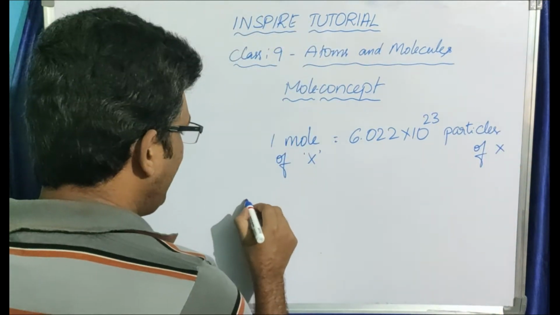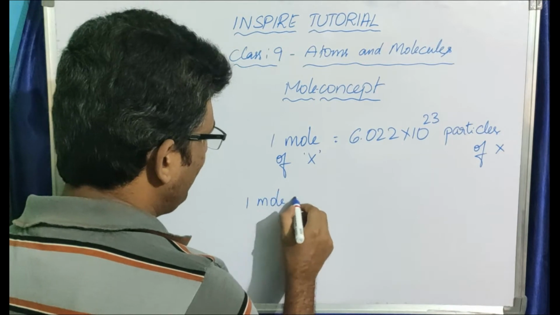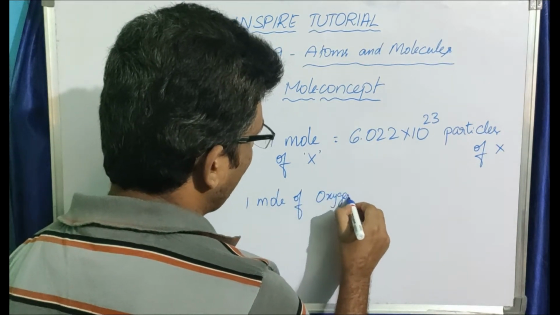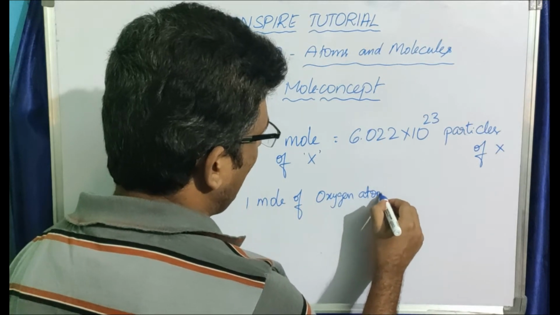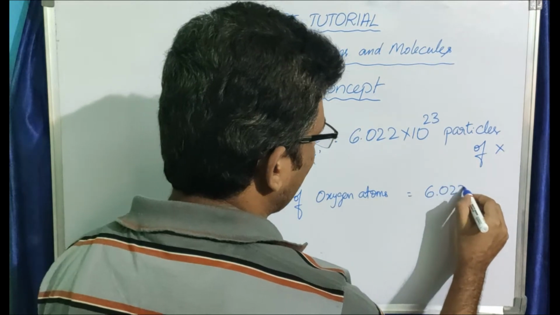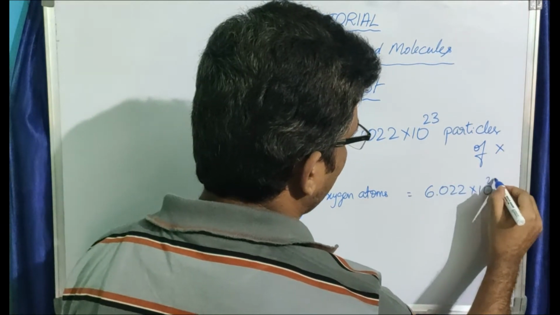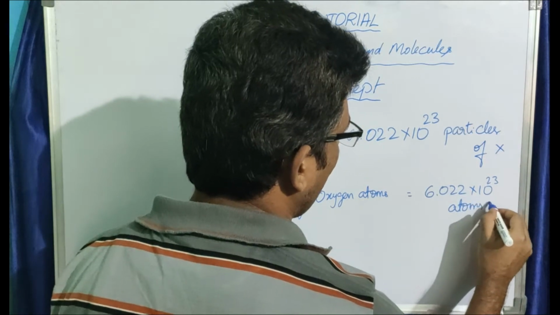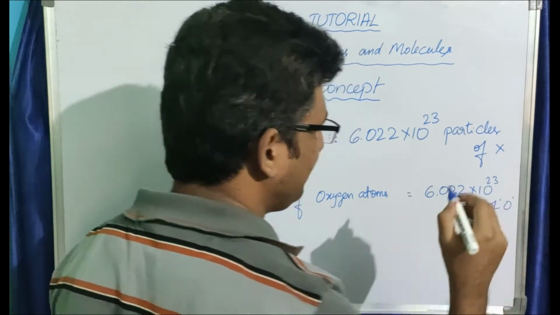For example, if I say 1 mole of oxygen atoms, that means I'm talking about 6.022 into 10 power 23 atoms of oxygen.